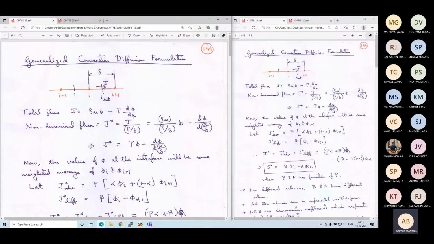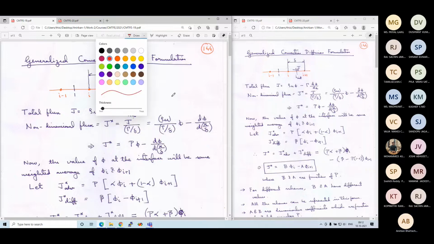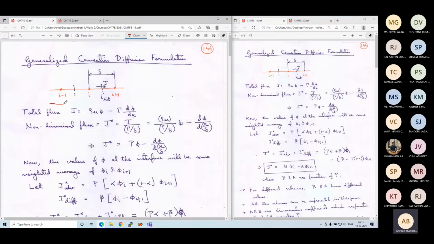Total flux is the total transport of phi from I to I plus 1, in the direction of the coordinate axis. We are assuming that the x axis is in the x direction, from left to right. The flux is always calculated in the direction of the coordinate, so in this case x positive is going from left to right.